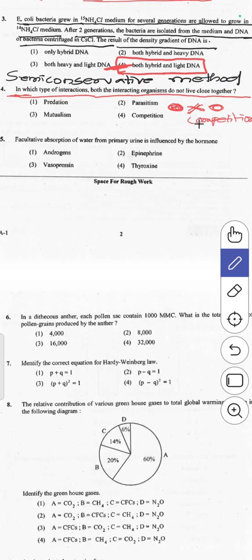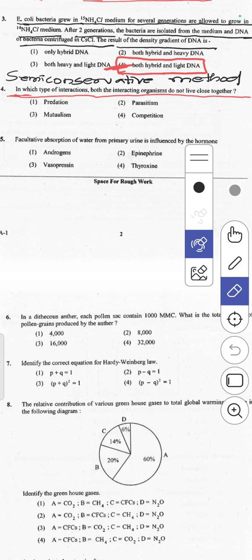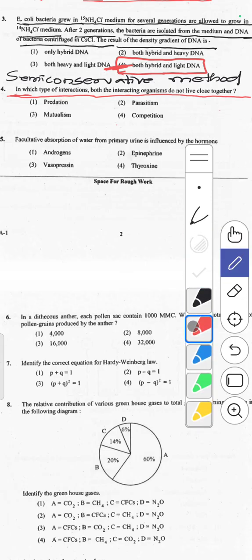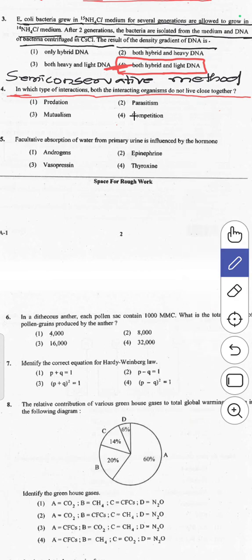Those kinds of situations will be there only in the case of competition. Where there is competition, they will not live close together.